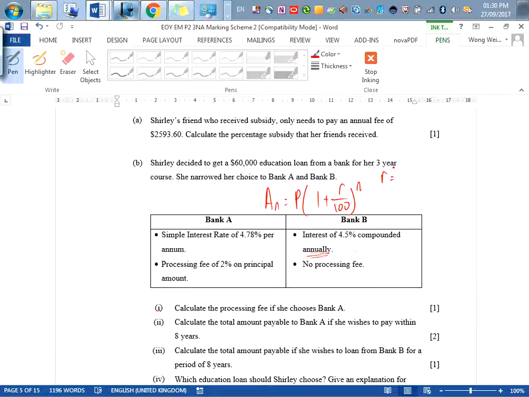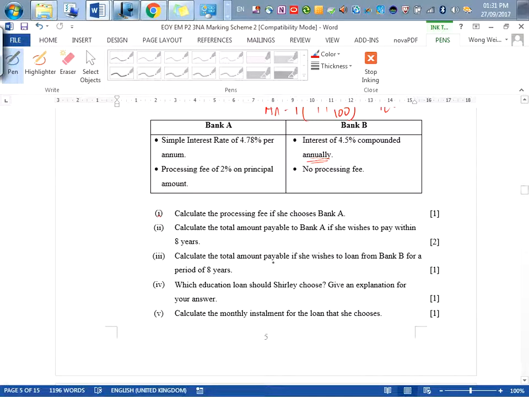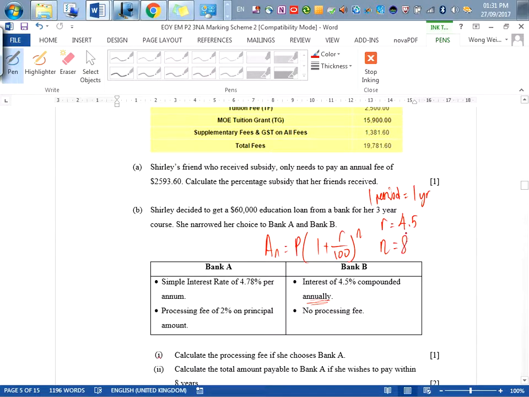So 1 period equals 1 year, and the interest rate per period in this case is 4.5. And the number of periods? How many of this 1 year did she borrow it for? 8 years. So the duration will be 8 years.